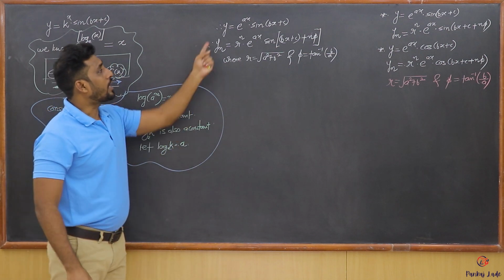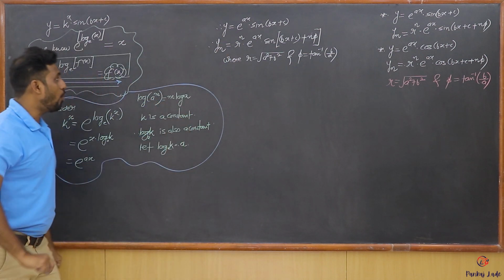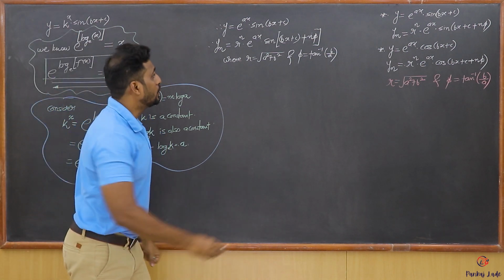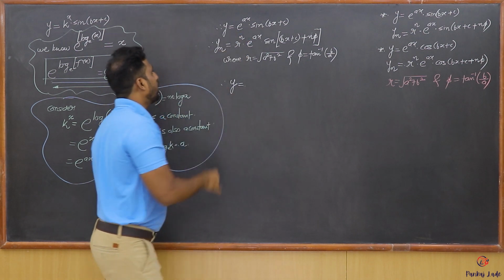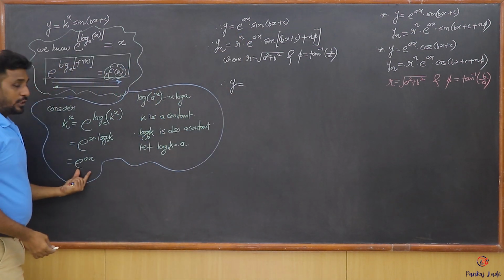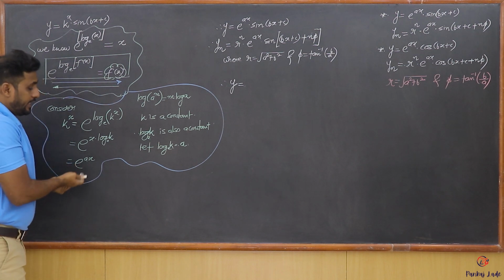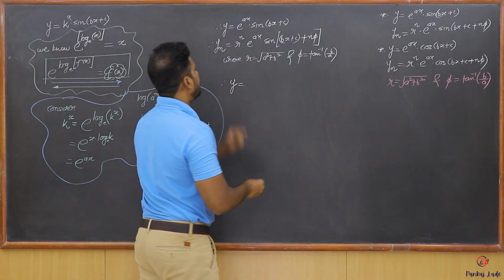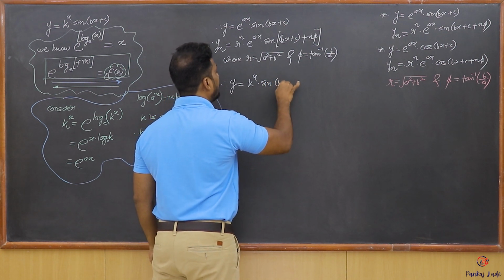So I now need to transform this e raised to ax back into my original question. And what was my original question? It was k raised to x into sine of bx plus c. So I can say y becomes equal to, what is e raised to ax? I simply know that e raised to ax is k raised to x. K raised to x was itself written as e raised to ax, so it will again go back to k raised to x. Nothing changes in sine of bx plus c.